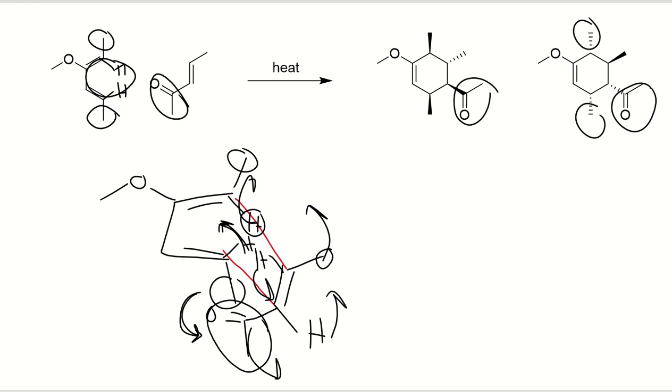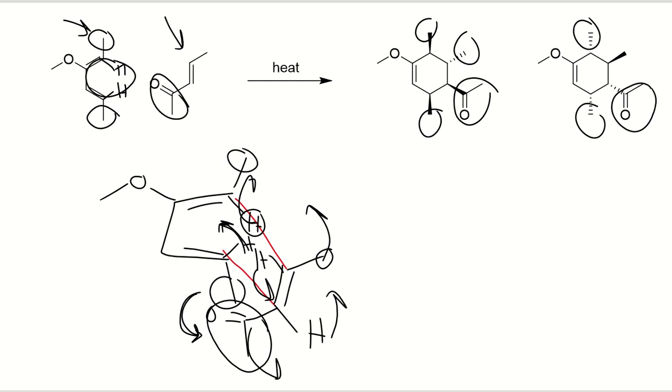So if I drew my withdrawing group as a wedge, these methyl groups on the outside of my diene are going to be a wedge as well. Because this is a trans dienophile, the methyl group will be a dash if that carbonyl is a wedge. And so that is what the endo process is.